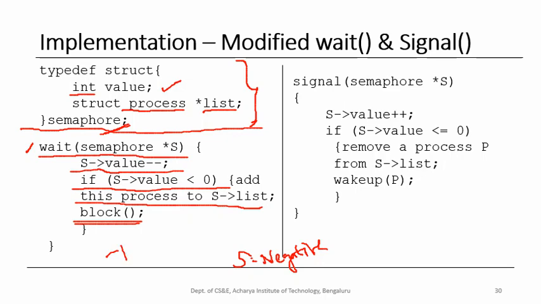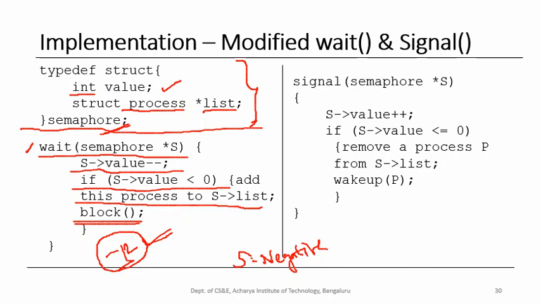Suppose the value of the semaphore is, let us say, 12, it means that there are 12 processes waiting for entering into the critical section. That's the meaning. So here a negative value of the semaphore is also allowed, which we did not accept when we gave the original definition of the wait and signal operations.